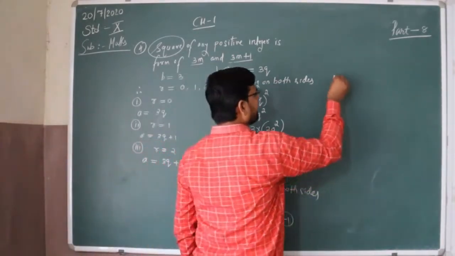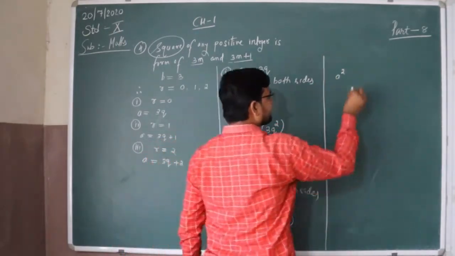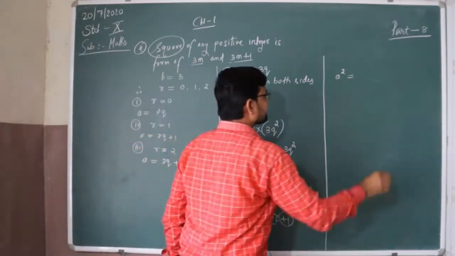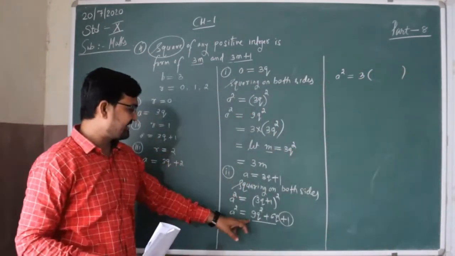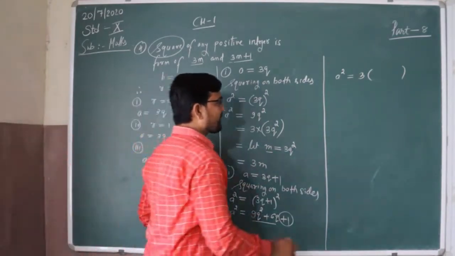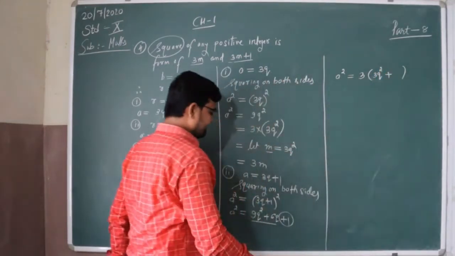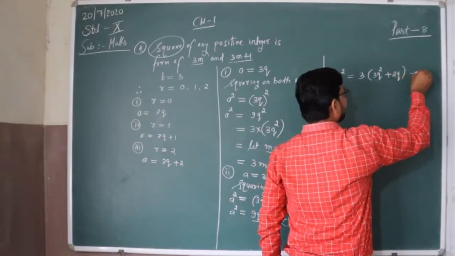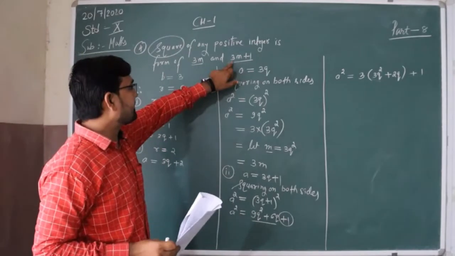So a square is equal to, from these two terms I am taking 3 common. So 3, then make a bracket. Divide 9q square by 3, so it will become 3q square, plus 3 into 2 is 6, so 2q, and then plus 1. Now we need to convert into 3m plus 1.